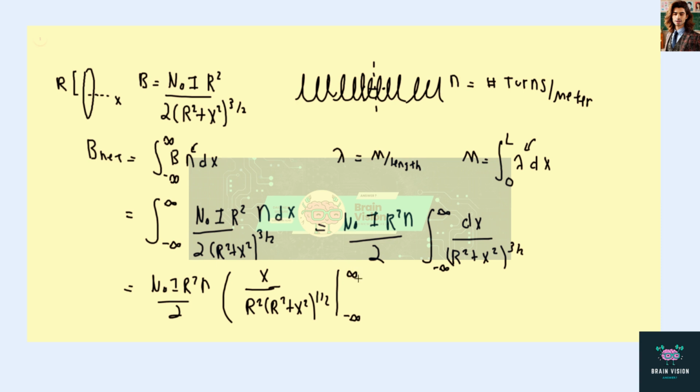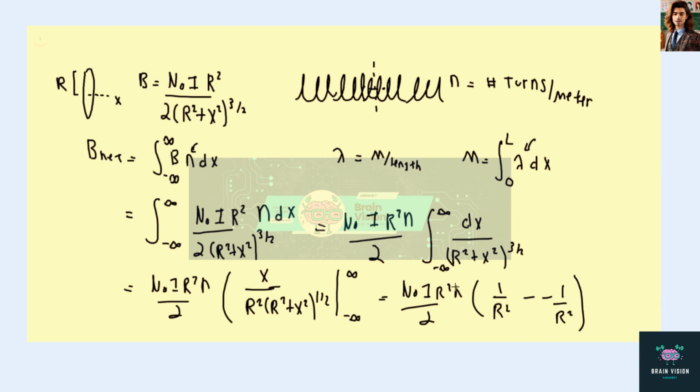So when we put in infinity here, we'll basically just have 1 over 1, and then minus negative 1. If we leave the r squared in there, this is just going to be mu naught I r squared n over 2, and then we would have 1 over r squared, minus negative 1 over r squared.